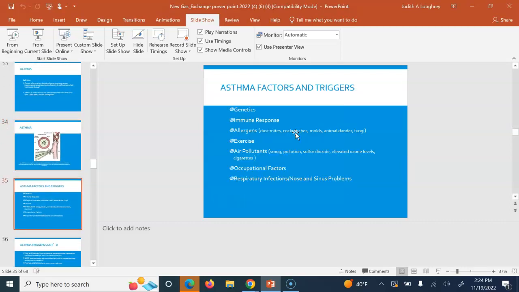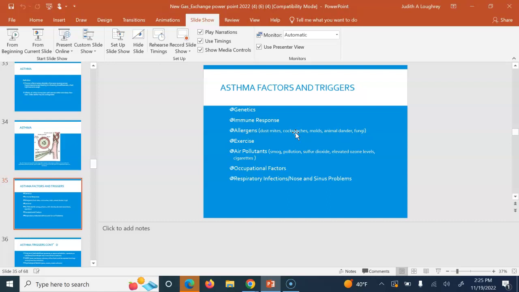Some asthma factors and triggers can be genetics. We do see that it runs in families, and there's a genetic factor that plays a role in this. It's immune response. Oftentimes you have some type of infection and your body fights, and we see the lungs responding that way. Allergens such as dust mites, cockroaches, mold, animal dander, fungi.